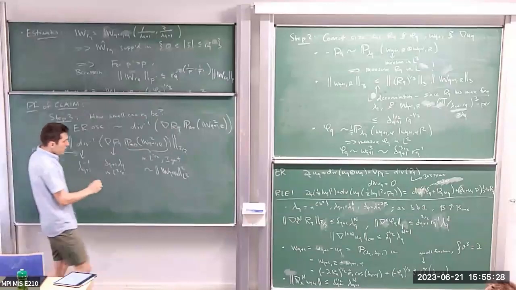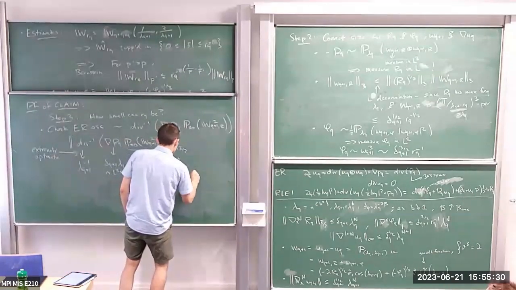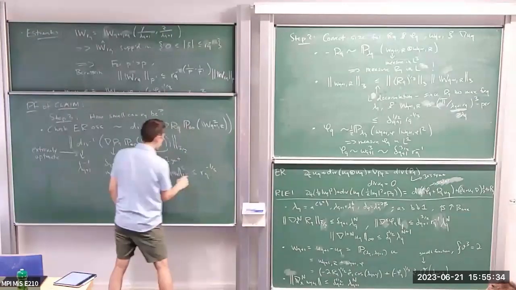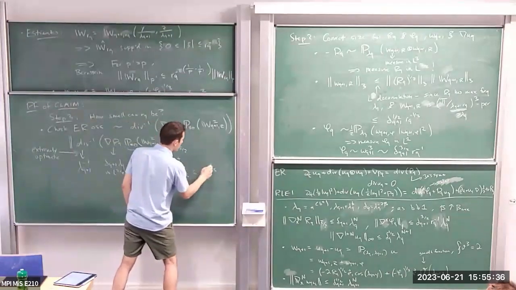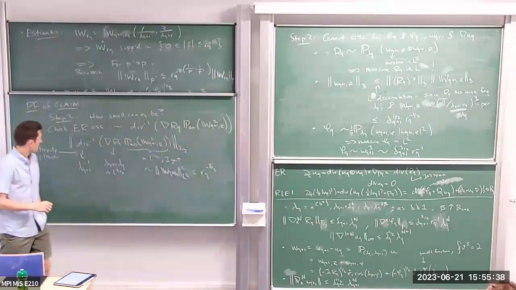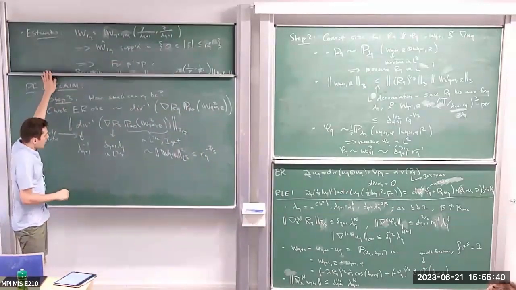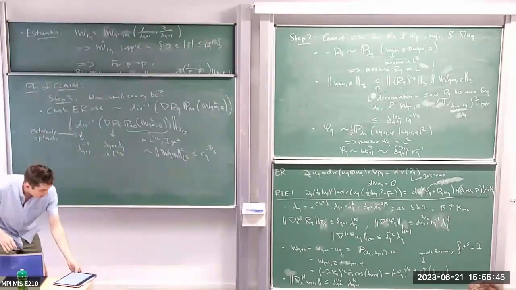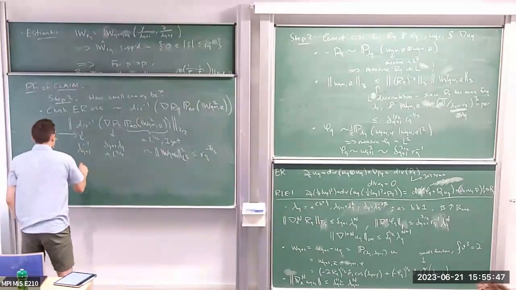And the square of the L3 norm was RQ to the minus 1/3, which when I square it is minus 2/3. All right, so I'm just using the estimates that we've written down for this WQ plus 1.